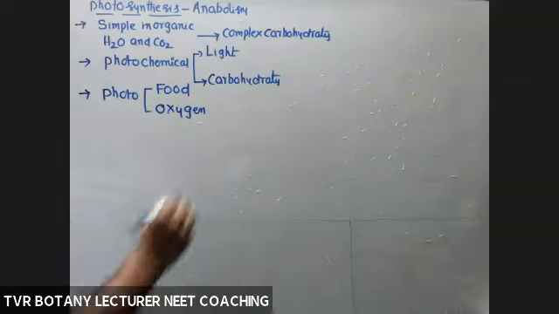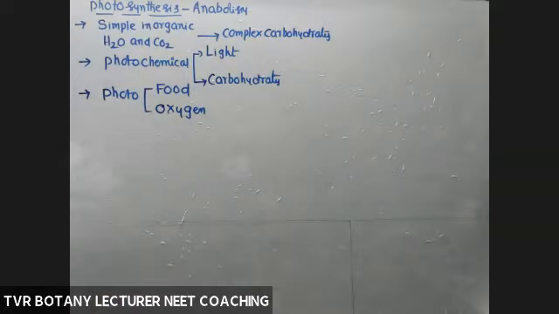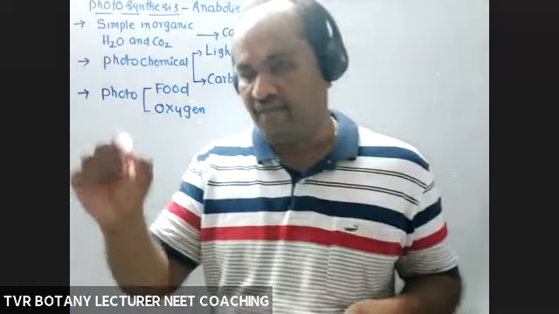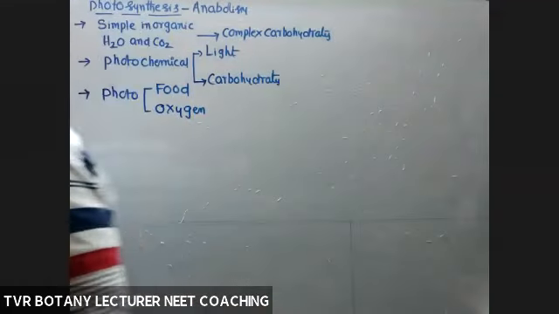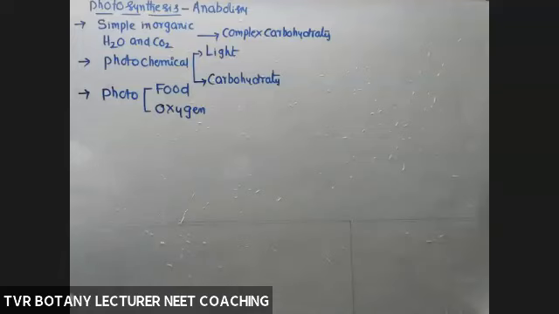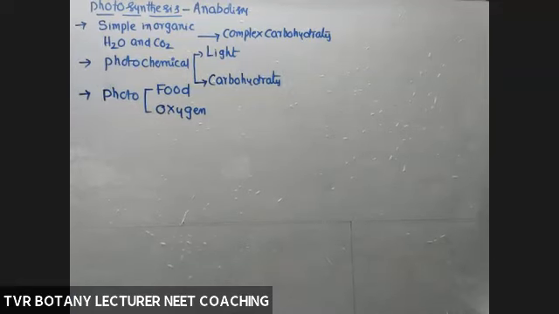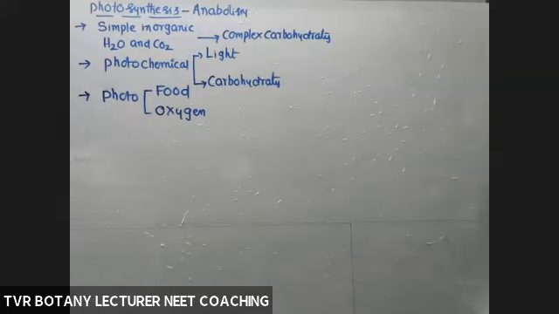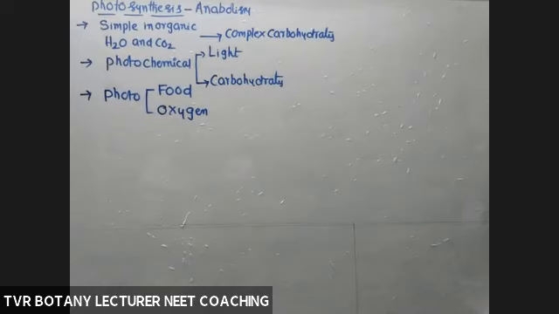So without oxygen, obligate aerobes. Obligate aerobe means an organism which is able to survive in the presence of oxygen only. So out of the total amount of oxygen available in this ecosystem, the maximum amount of oxygen is from oxygenic photosynthesis. Oxygenic means oxygen producing photosynthesis.